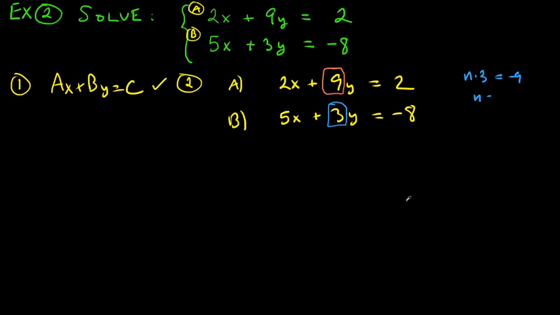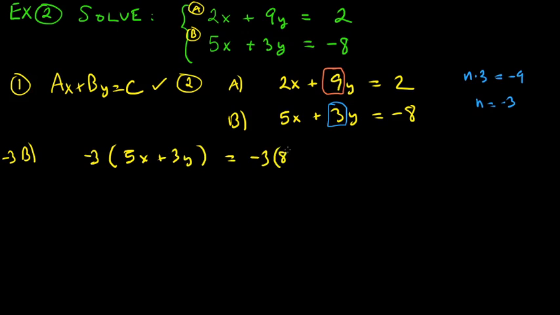Okay? So, oops, I didn't mean to erase that. So we'll multiply B times negative 3 here. So equation B times negative 3: negative 3 on the left, and negative 3 on the right. Okay, so distribute the negative 3. Negative 3 times 5x is negative 15x.